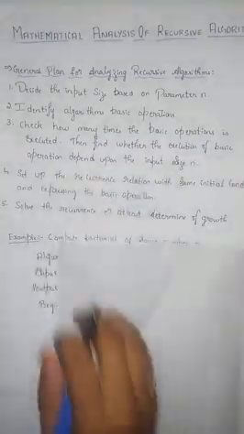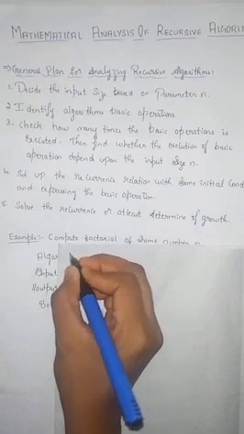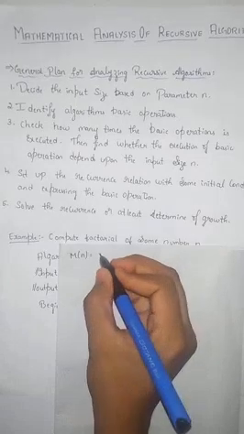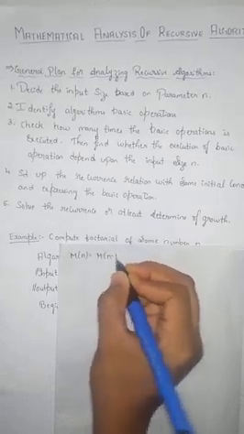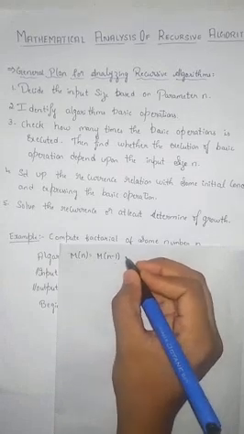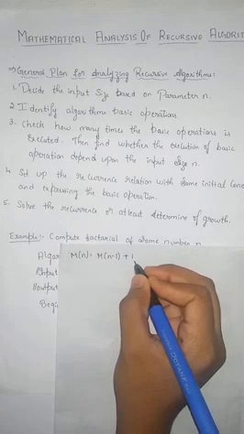Now let us set up the recurrence relation. For that we consider m of n, which means the total number of multiplications, is equal to m of n minus 1 for computing f of n minus 1, plus 1, which is to multiply by n.